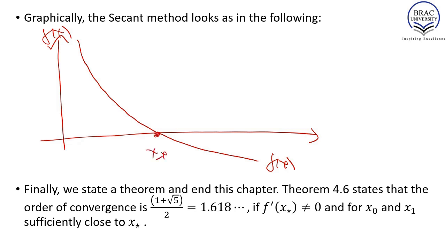We choose x0 here and x1 here, and we draw a slope line here. It intersects the axis at this point, that is our x2. Then go back up to the curve, that is our new point on the curve, and then we choose the next point. That is how it works.